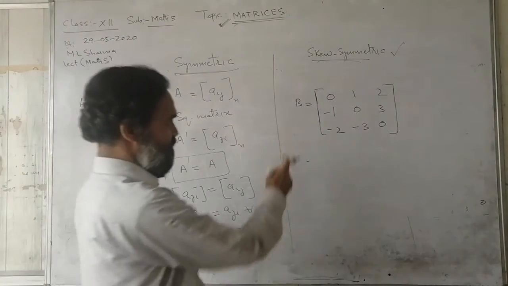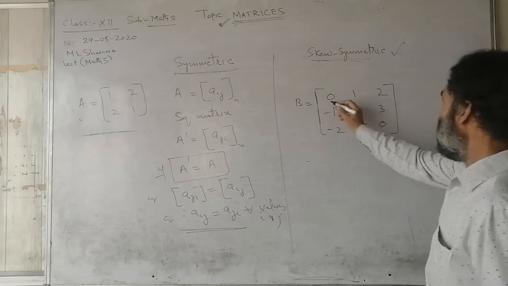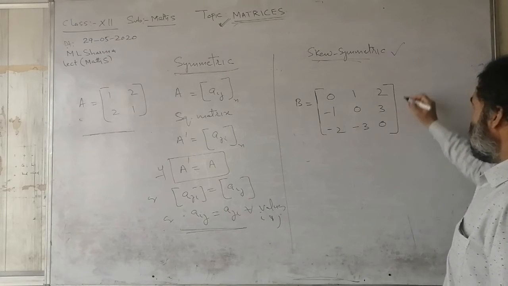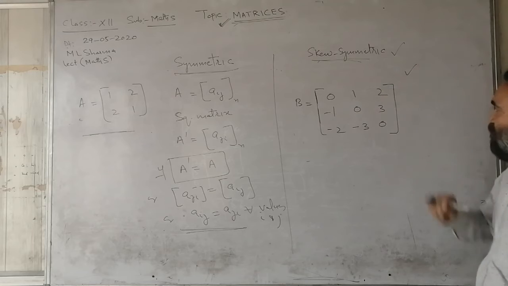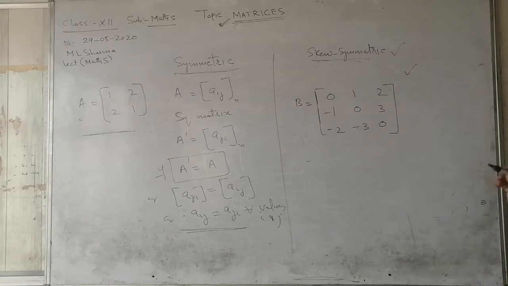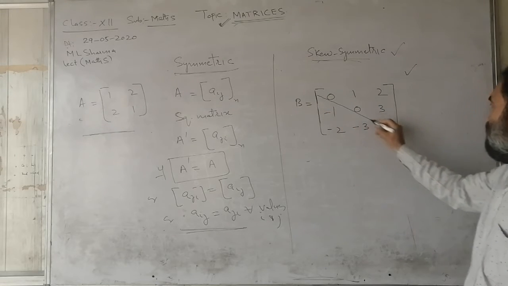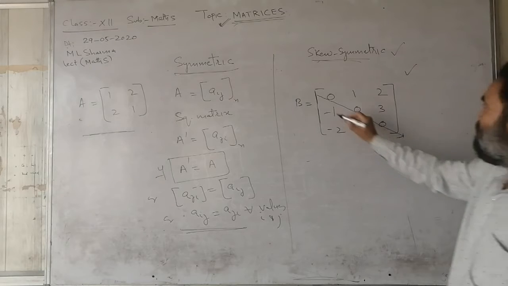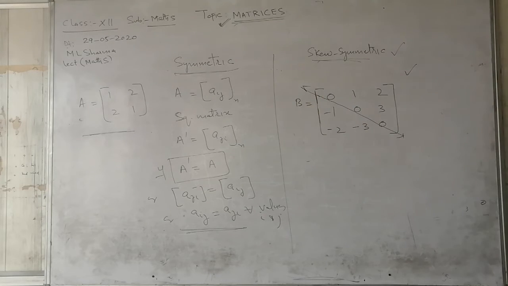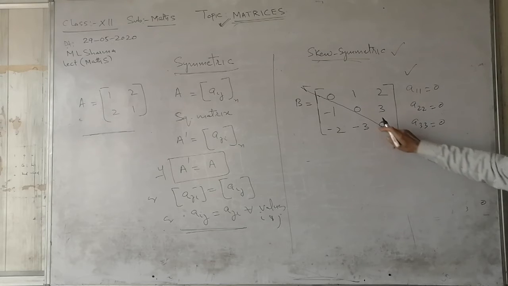So this matrix is a 3 by 3 matrix, with rows R1, R2 and R3. It is a skew symmetric example. Here, if we see the diagonal elements, they are 0. This is A11, this is A22, and this is A33. So that means the diagonal elements are 0.